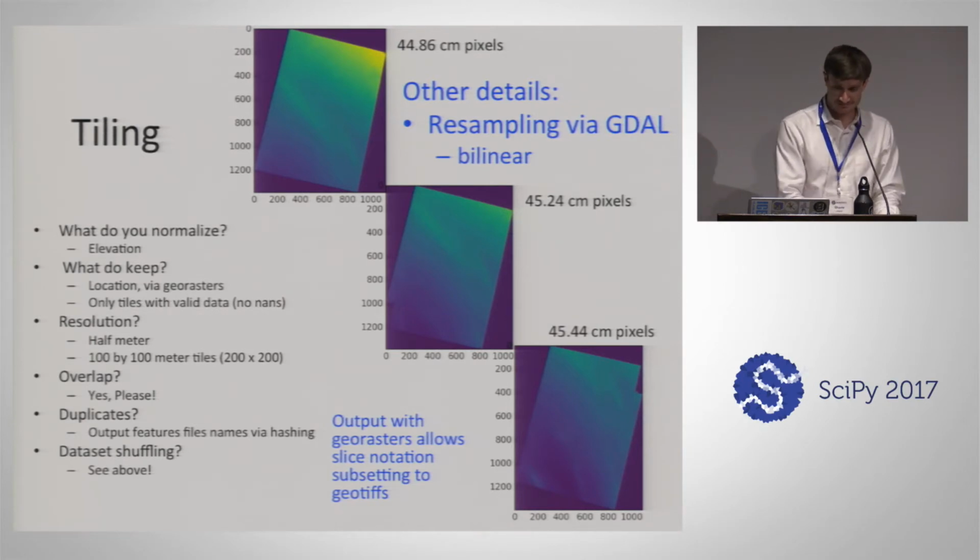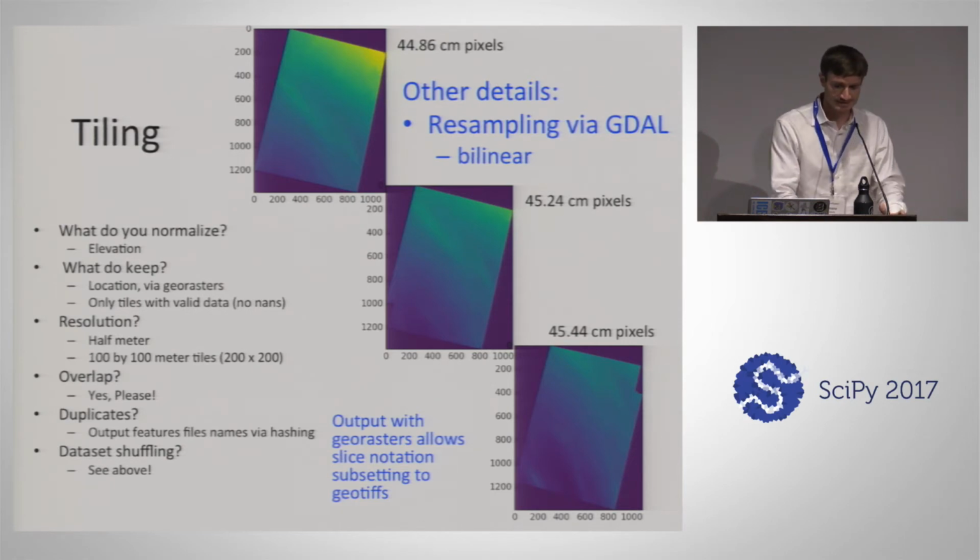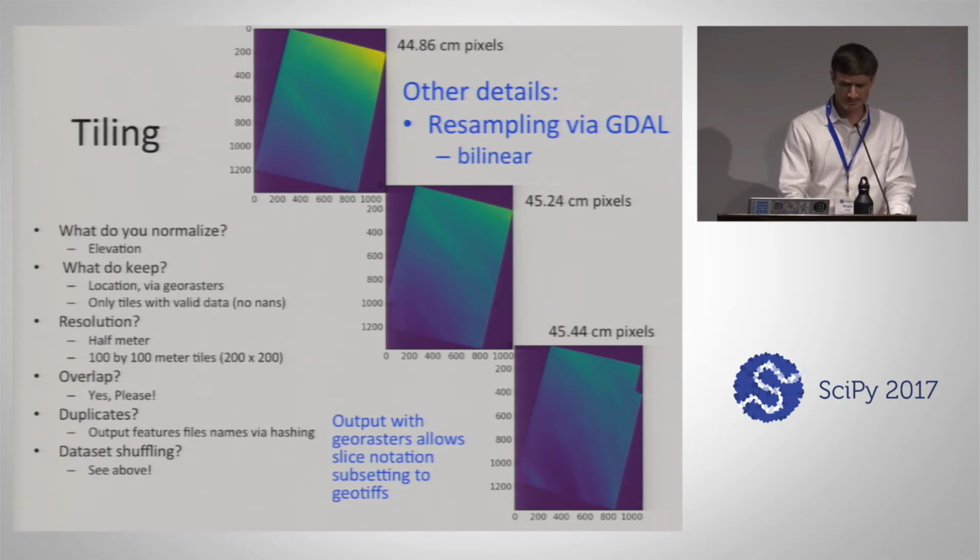So this first one has 44.86 centimeter pixels, the next one has 45.24 centimeter pixels, so you have slightly different pixel sizes and slightly different overlap. When you go to create your own reference data set, you have some decisions to make in terms of what to normalize, what to keep, and what your resolution is.